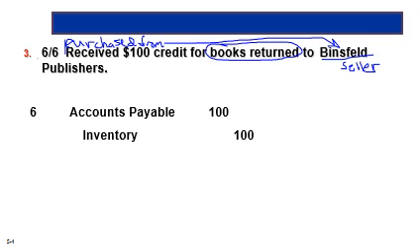When we return these, we're going to reverse. So they're coming out of inventory and out of accounts payable. Accounts payable is being decreased, and inventory is being decreased.